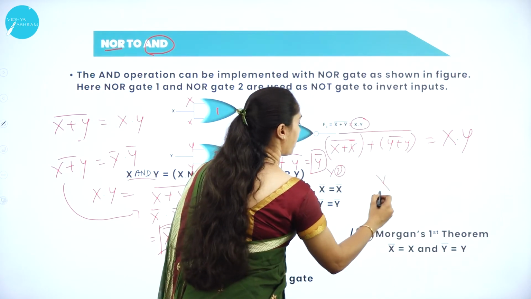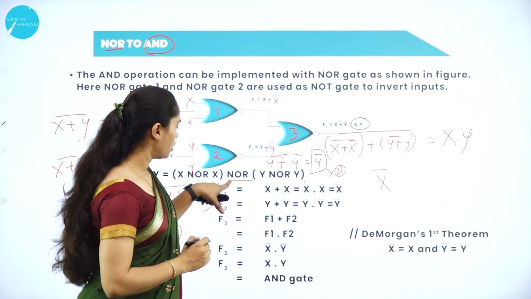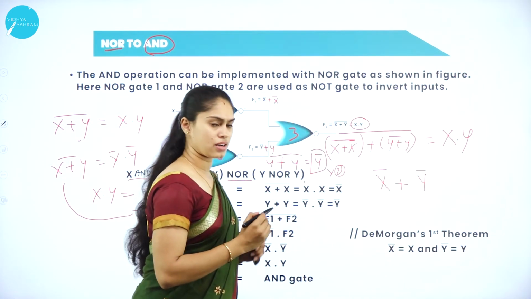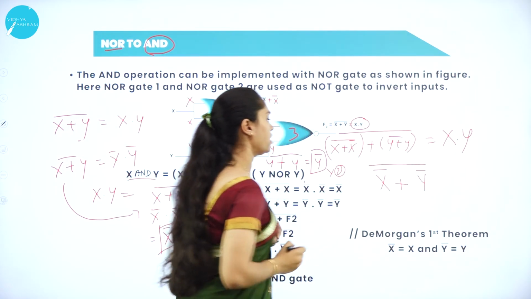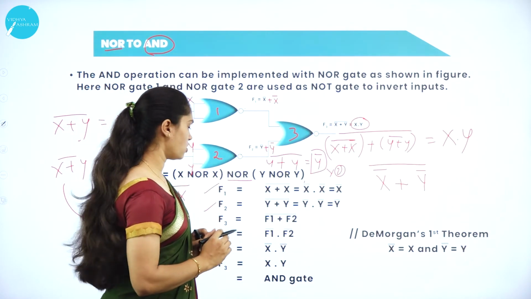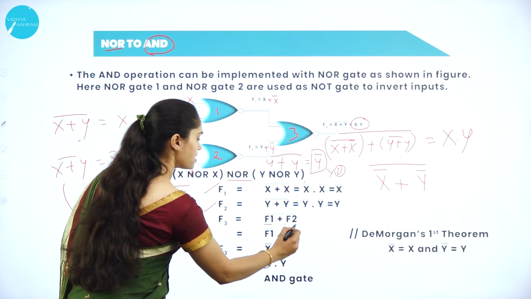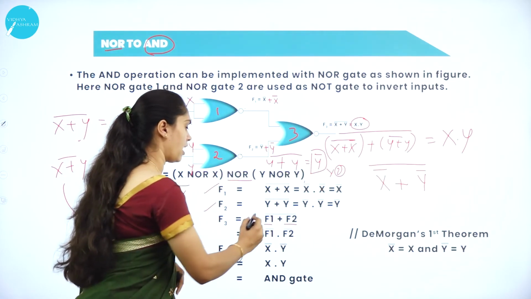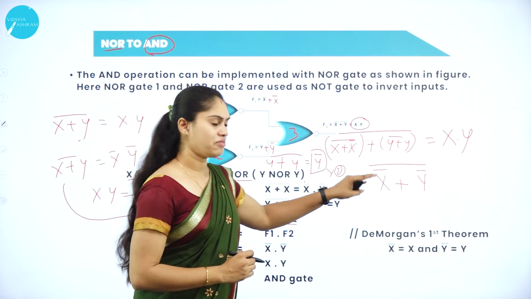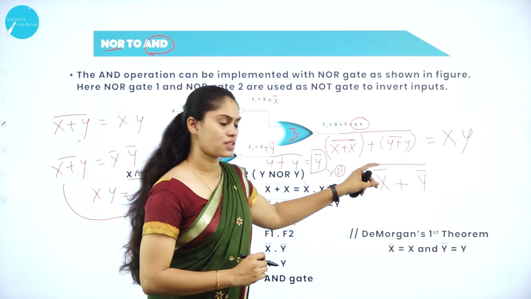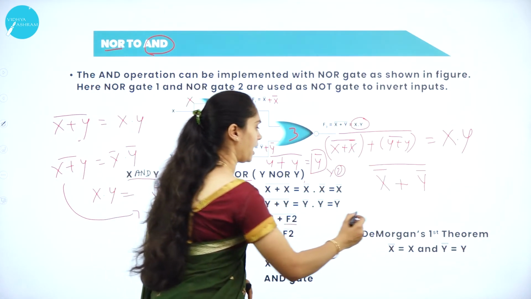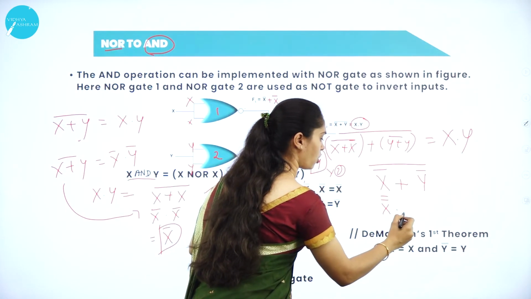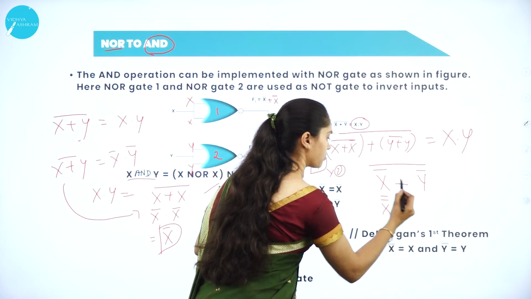So x bar is the first input, and I have a NOR operation here, NOR in the sense addition. I have one more input, that is y bar. So when it comes to the NOR gate, it will be whole complemented. That is what they are saying, that F1 plus F2, where F1 is x bar and F2 is y bar, and we have a whole bar. If I apply De Morgan's second theorem to this NOR, what does it become? It becomes x double bar and the plus becomes product, y double bar.